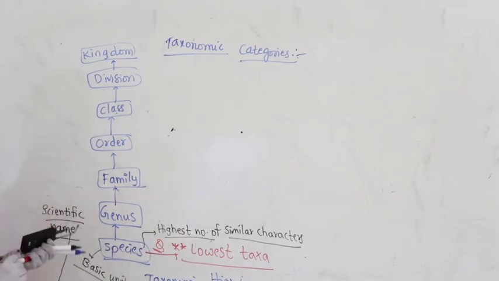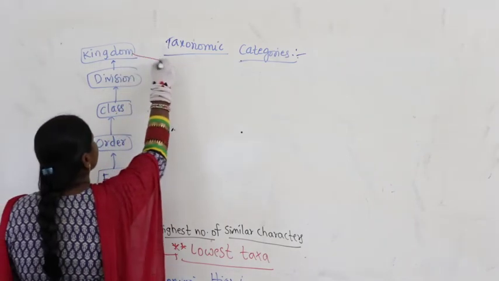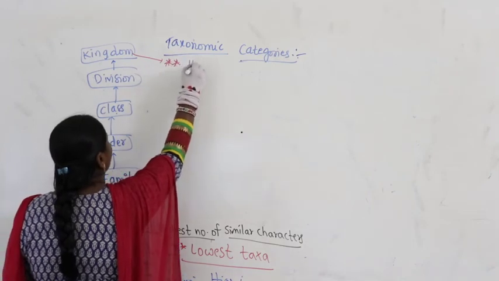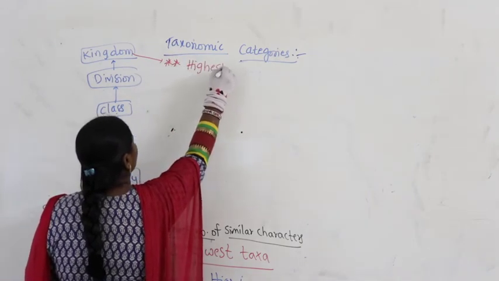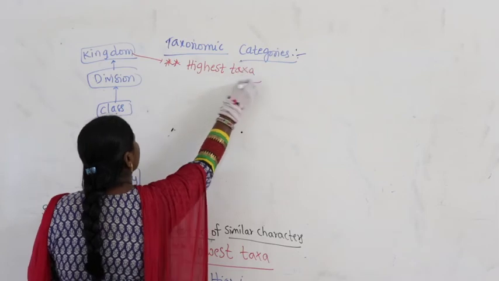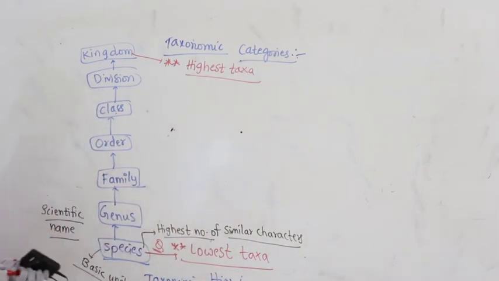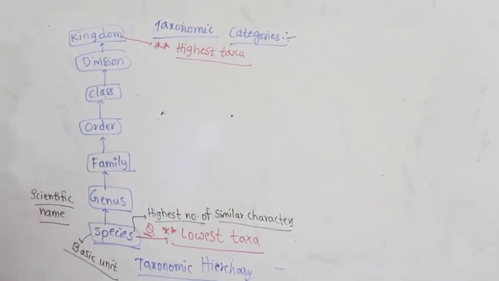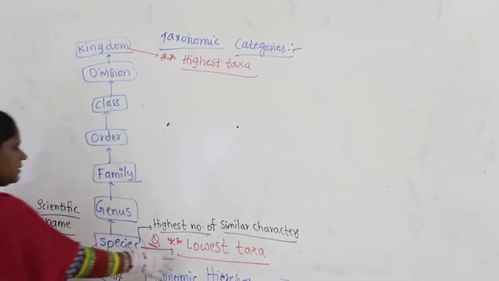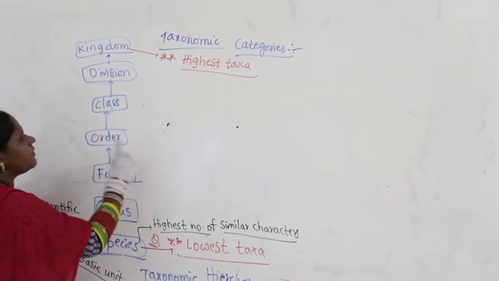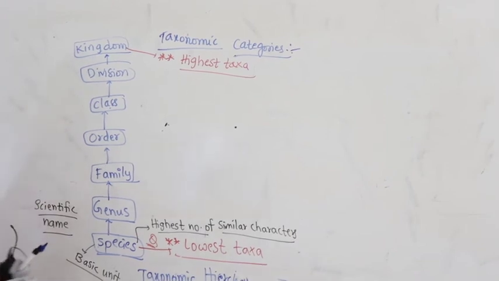Now, as you go up, kingdom is referred to as the highest taxa. Lowest taxa when you get the question, that is species. Highest taxa when you get the question, that is kingdom.